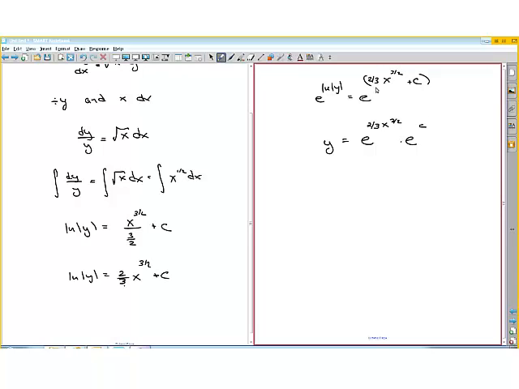So we get e to the 2/3 x to the 3/2 times e to the c. And this becomes just c again, a new arbitrary constant, but we're just going to call it c because there's no point in doing it again. So that's problem number 7, c e to the 2/3 x to the 3/2. So that's correct.